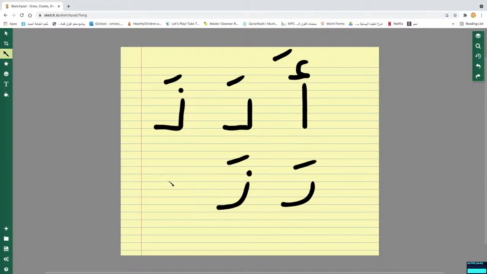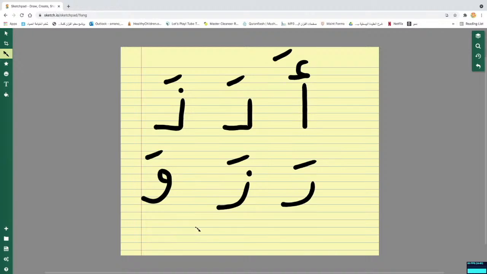The last letter I have here is called Wa, and it has a head or a circle on top of the line, and then under the line we have our friendly banana like the Ra and the Za, and then of course the Fatha. So the 6 letters are A, Da, The, Ra, Za, and Wa. So these are the 6 poor letters I have for our group today, inshallah.